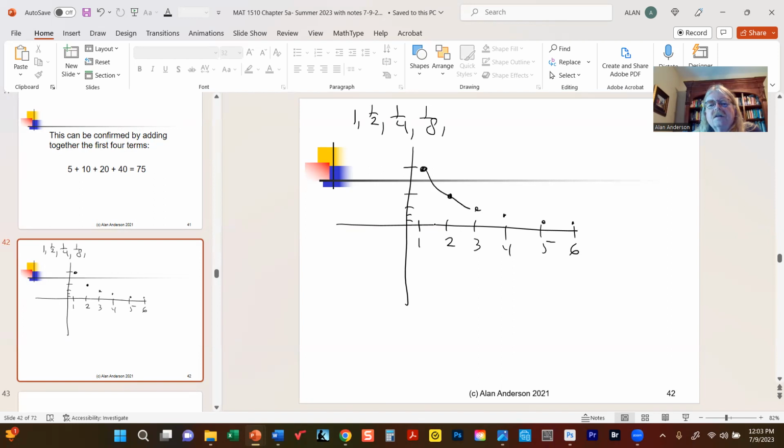What we're interested in is determining if these terms are actually converging to some constant value. Now here it looks like they're getting awfully close to 0.